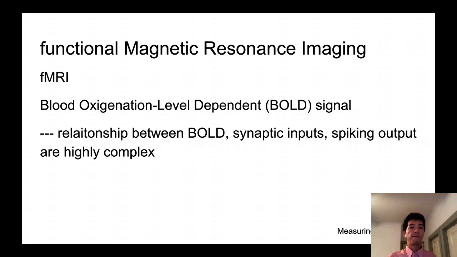Okay, so functional magnetic resonance imaging, also called fMRI. This is one of the most powerful methods that drove consciousness research, as I reviewed in week one.